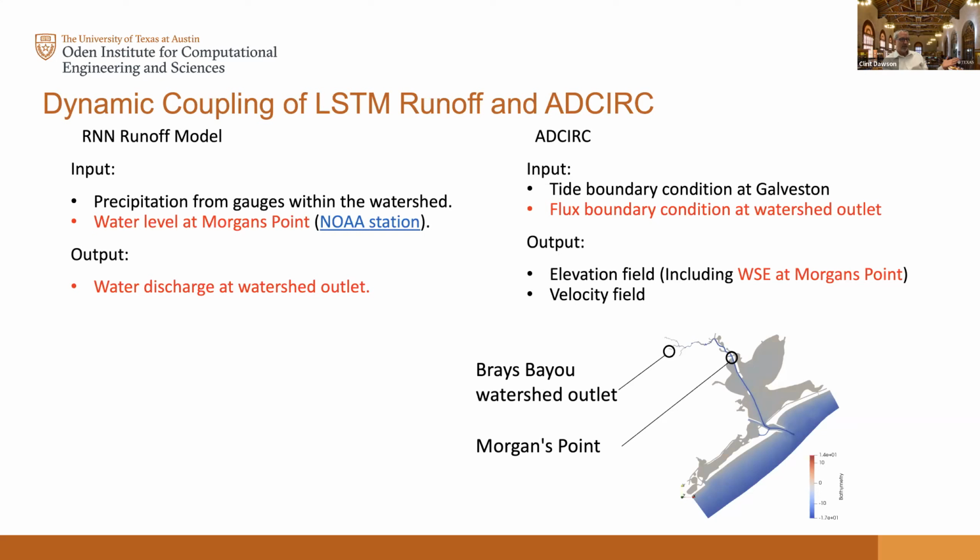The output is the water discharge at the watershed outlet. For ADCIRC, the input is the flux boundary condition coming from the machine learning algorithm, and the output is the elevation field and the velocity field, including the water surface elevation, which is then fed back into the neural network.